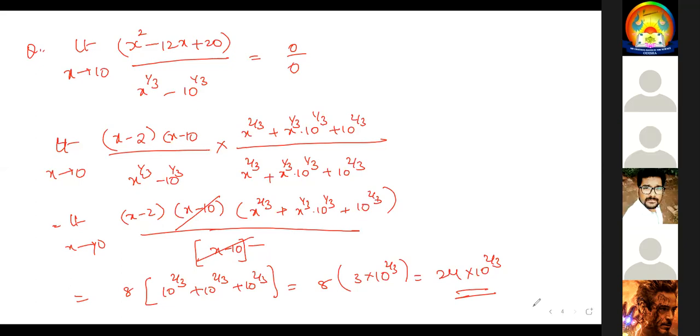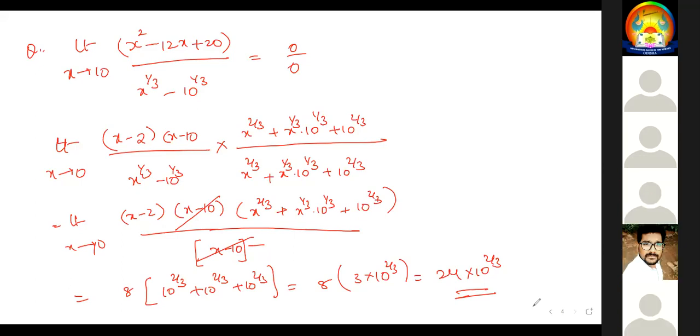Completed, sir. Very good. Now I'll do factorization.